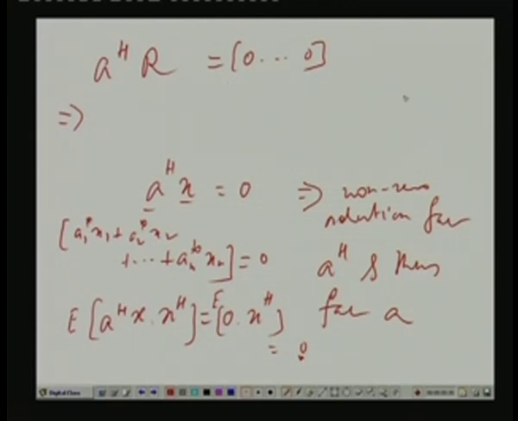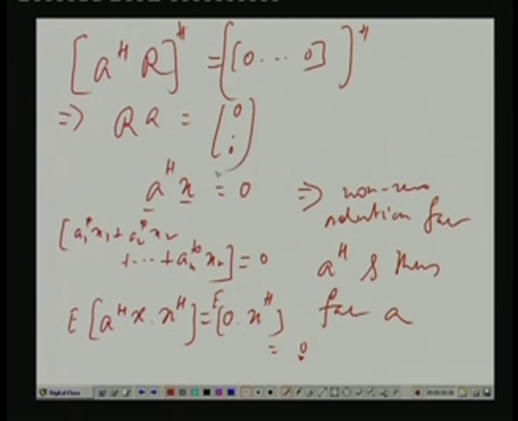Now, if you take the Hermitian transposition of both sides, what you get is R Hermitian, which is R, and A Hermitian which is A. R A is equal to a vector consisting of zeros.